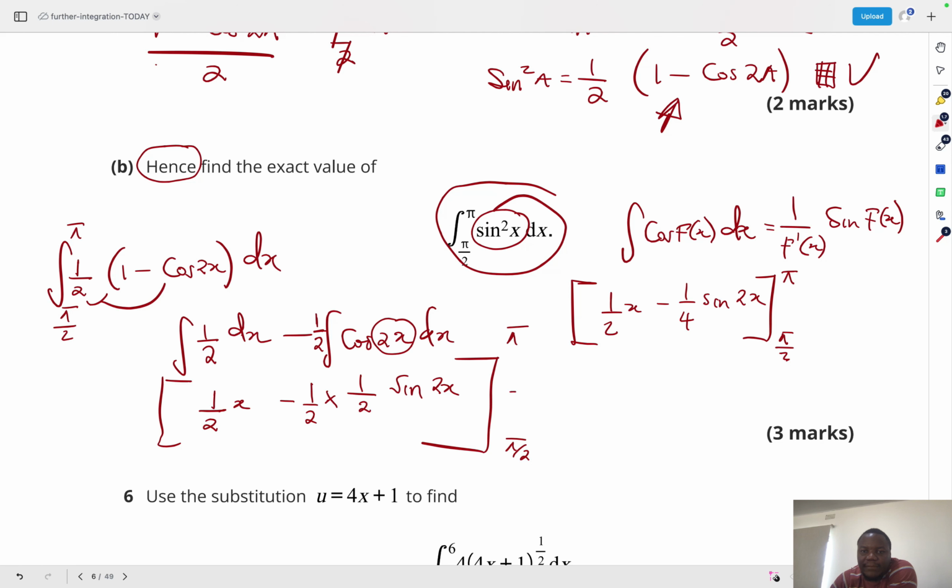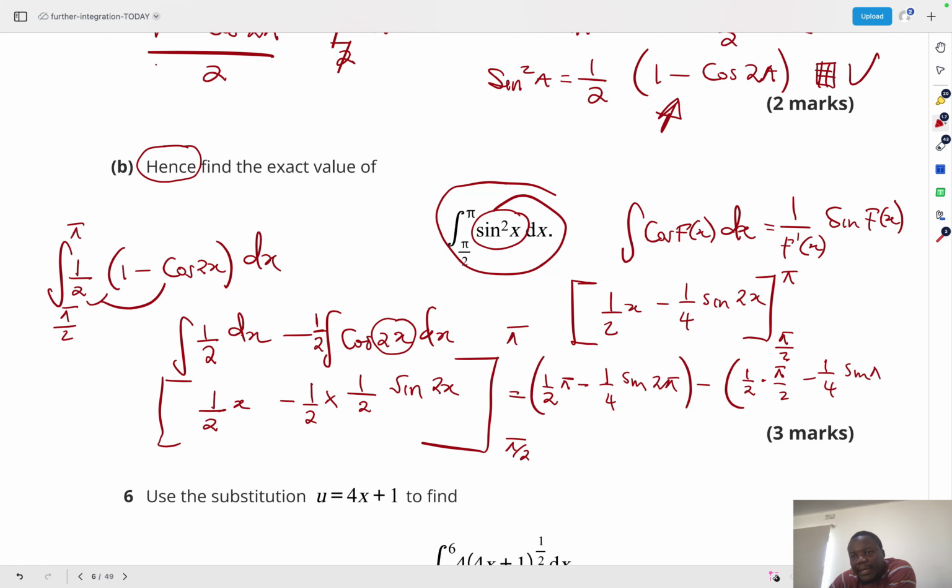So we are going to have a situation where we've got half pi minus 1 over 4 sin 2 pi. Then subtracting half of half pi minus 1 over 4 sin, where there is x, I put half pi.